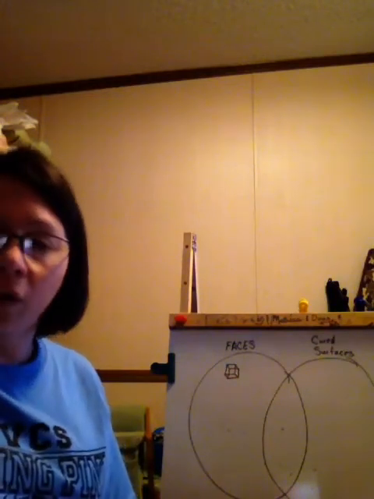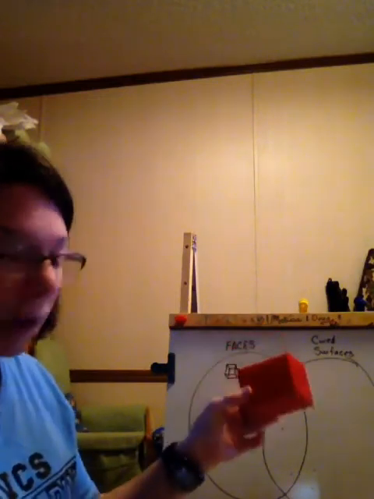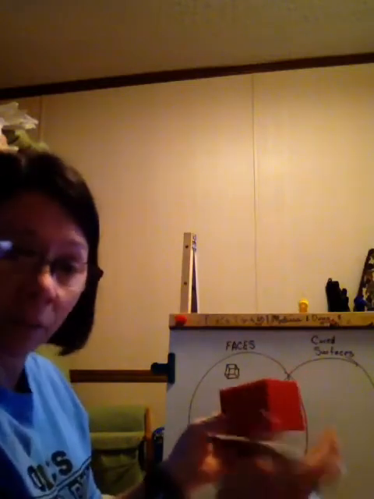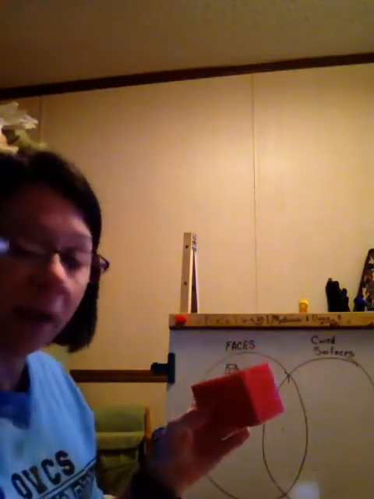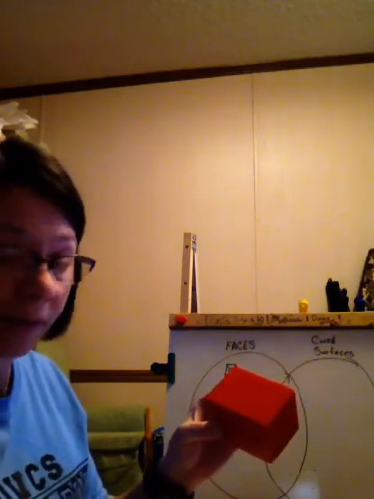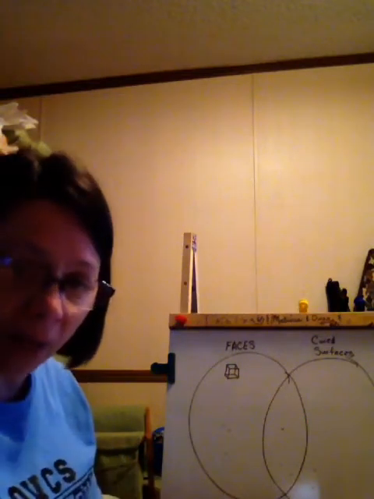Our next figure is a rectangular prism. So does it have faces? Well, yes, we have faces. Does it have a curved surface? Well, no, it doesn't have any curved surfaces. So where are we going to put that?